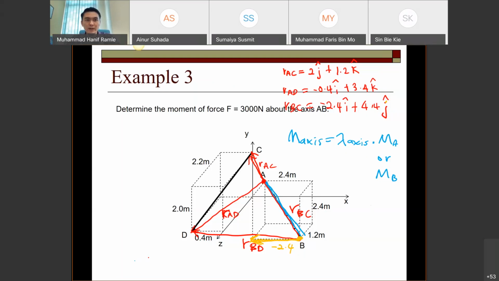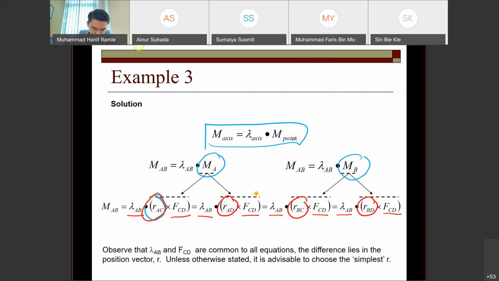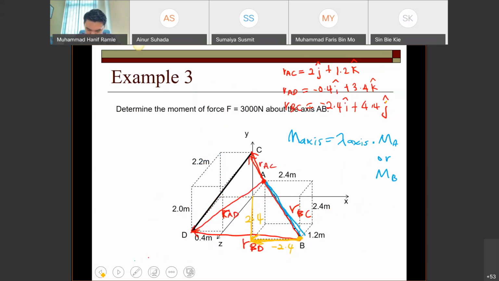And then the J component, Y component, 4.4. We do have 2.4 here plus 2 here, so 2 plus 2.4 we get 4.4J.